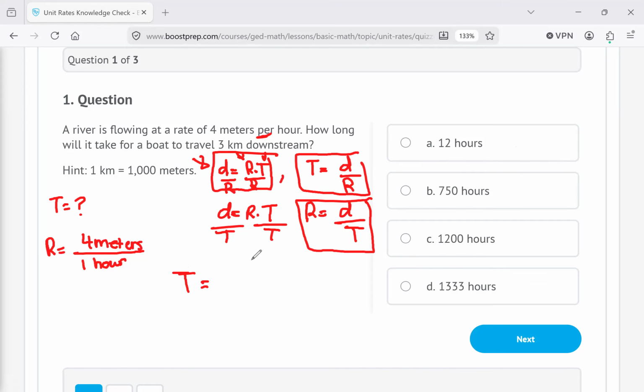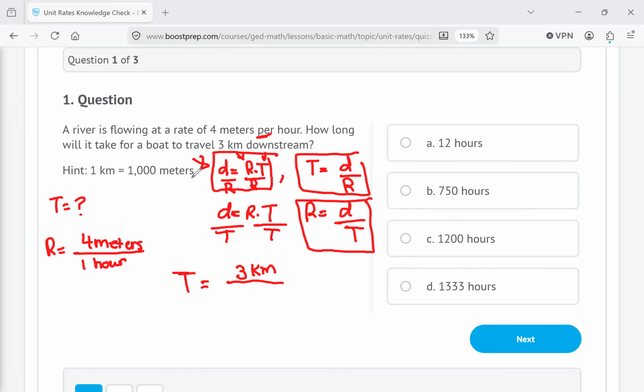What is my distance? Let's just put in the formula: t equals distance over rate. My distance is 3 kilometers, that was given, right?